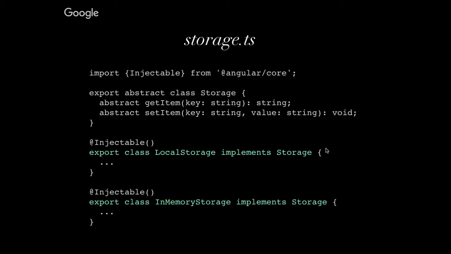This is kind of what it would look like in the implementation. You have this abstract class, which is the storage. It has two methods, get and set item, and each one will implement it its own way. So this one will implement local storage, and this can implement in-memory storage, or use Redis or whatever you are using on the server.